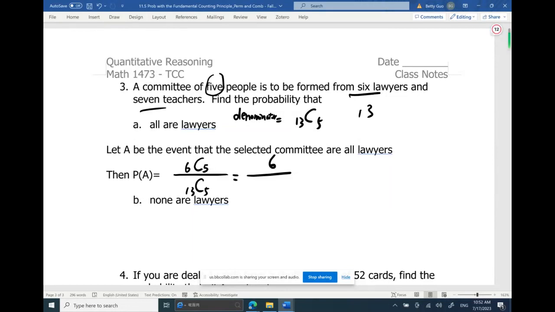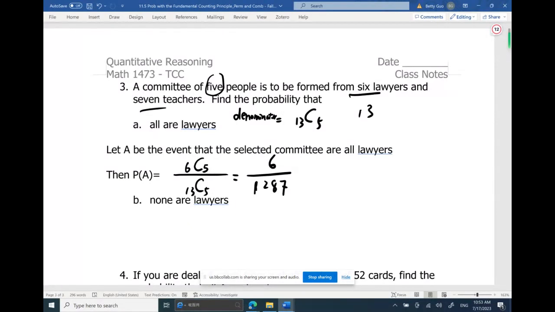Denominator. Let's see, what do we have? Using the calculator, 13 nCr 5, the denominator is 1287. 1287 is not divisible by 6, but divisible by 3.